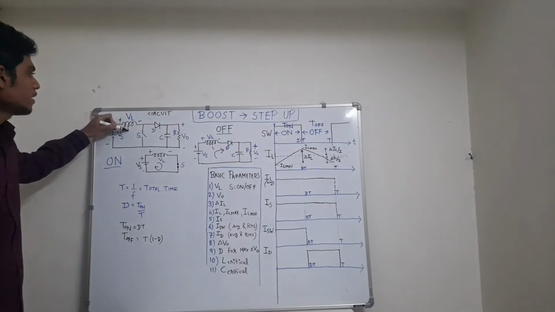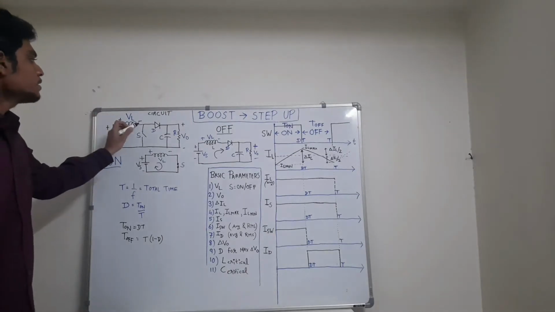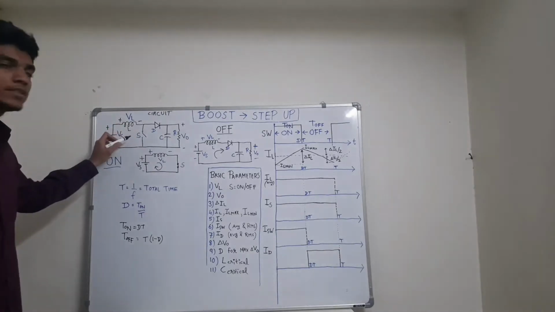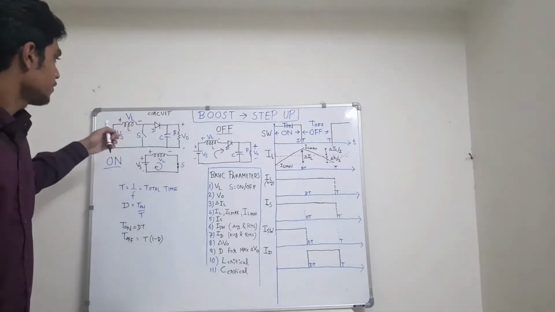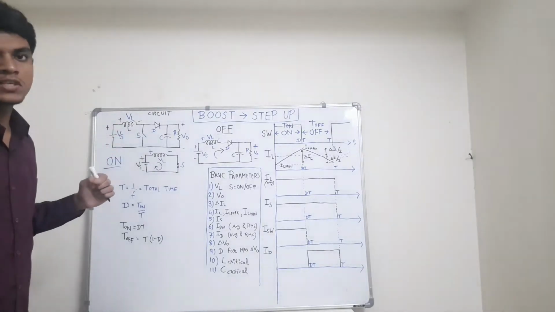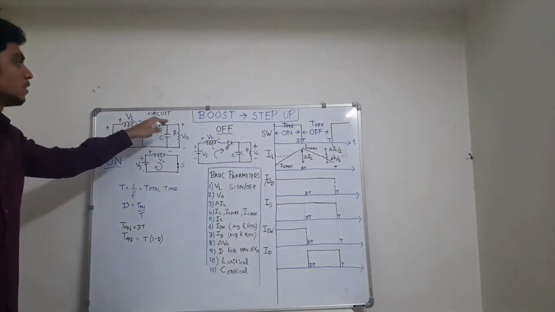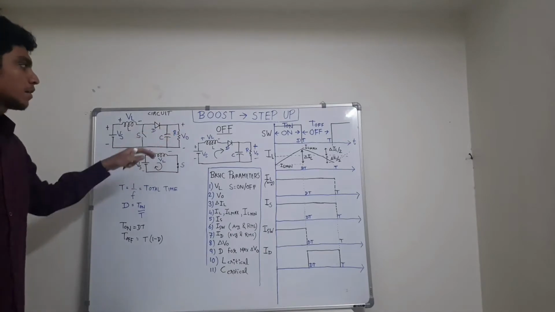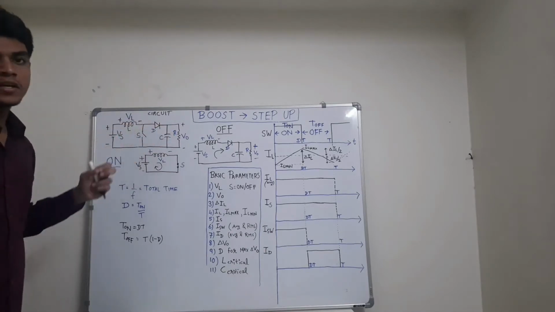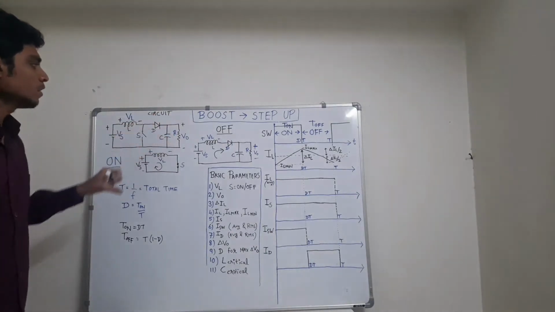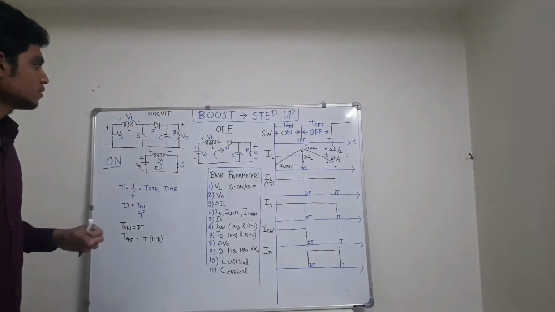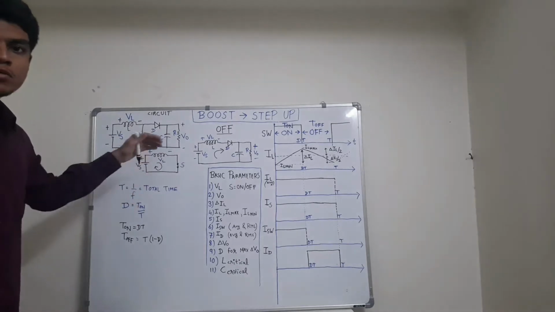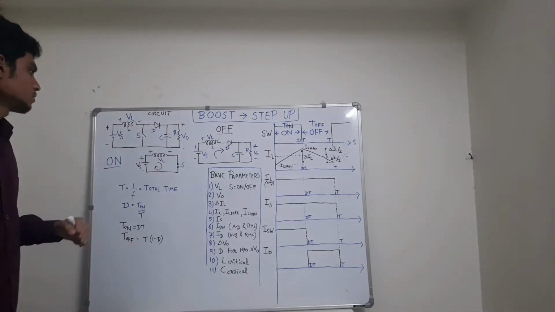This is an inductor L. This inductor is connected with the first switch S, which toggles at a very high frequency Fs, and second, to the resistive DC load, that is R, through a diode and a capacitor in parallel with the load. This capacitor is used to reduce the ripple in the output voltage.